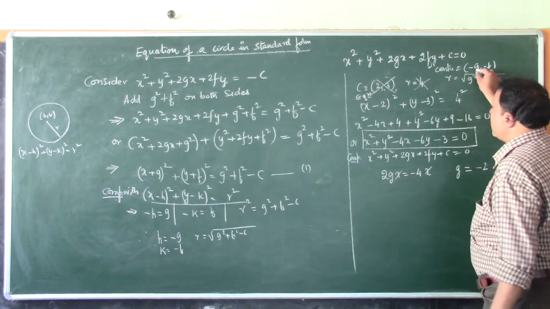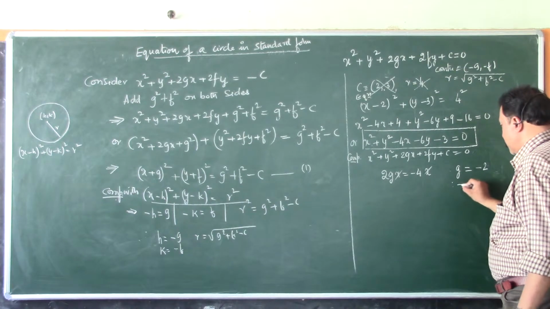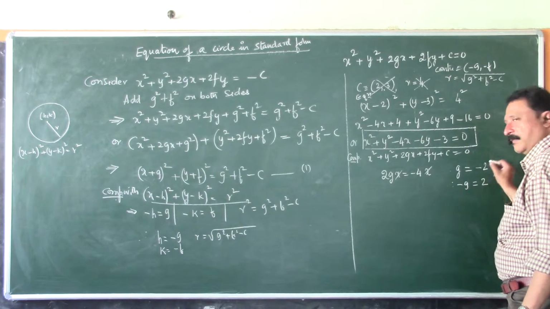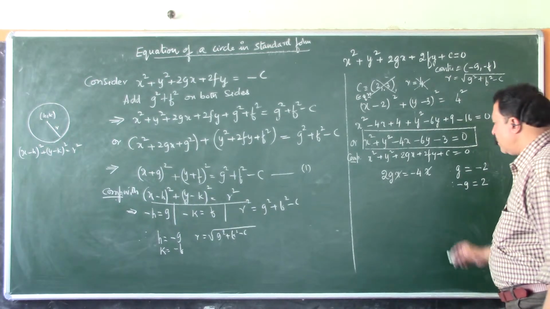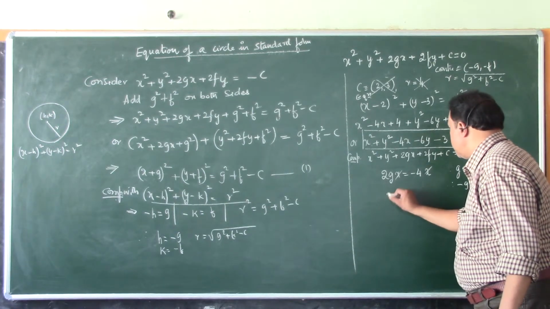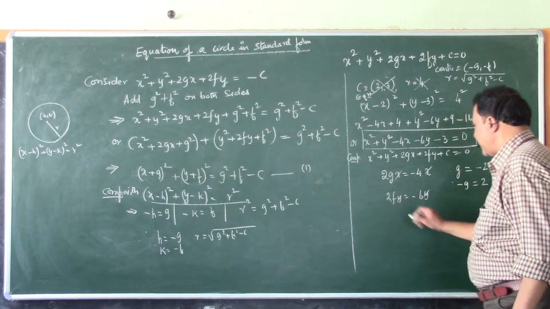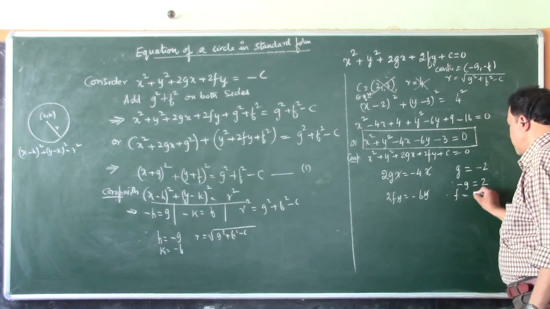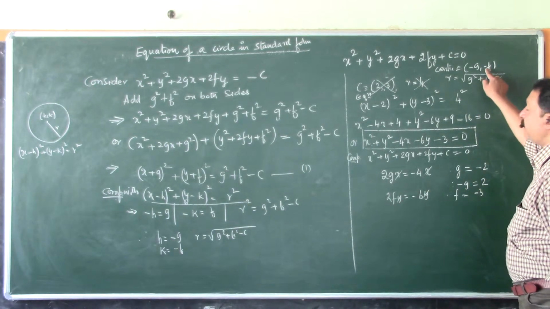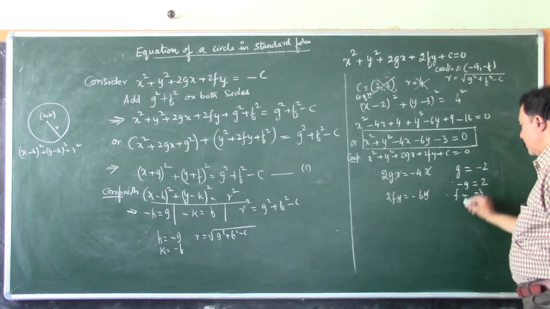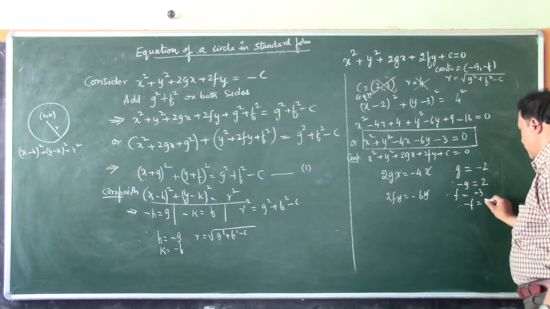But the center lies at minus g, therefore minus g is equal to 2. Now compare the other term, 2fy equals minus 6y, y and y cancel, therefore f is equal to minus 3. But the center is at minus f, not simply at f. Therefore, minus f is equal to 3.